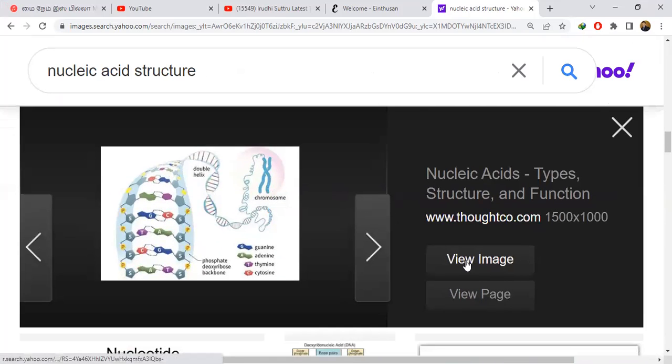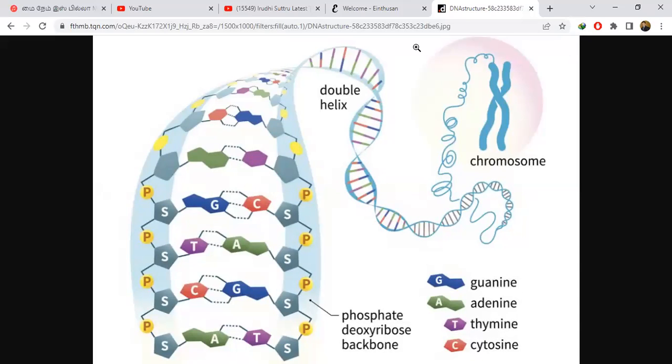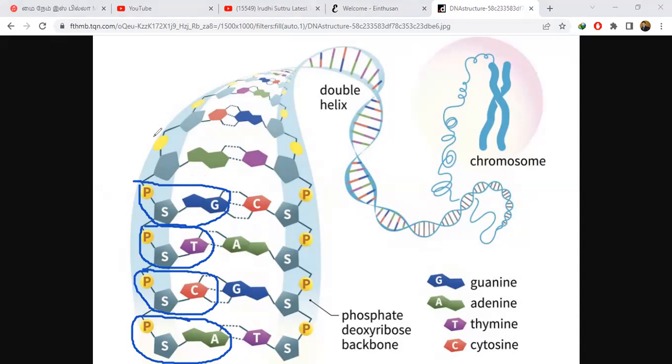Now, if you search nucleic acid structure, I will choose this picture. Here, this one piece is one nucleotide. This is another nucleotide, and another, and another.